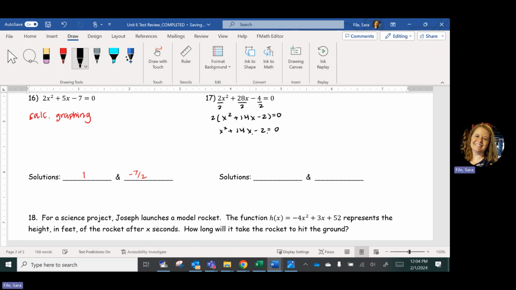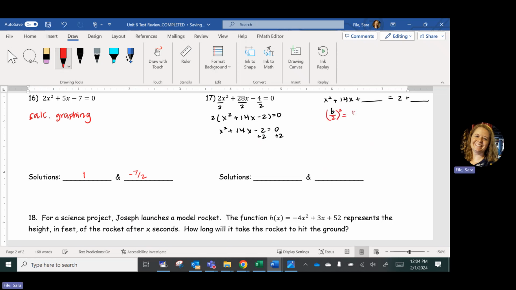And then I move the constant to the other side. So I've got x squared plus 14x, and I'm going to have my plus blank. And that's equal to 2. And I'll have my plus blank. So I'm going to figure out what goes in that blank by doing b divided by 2 squared.